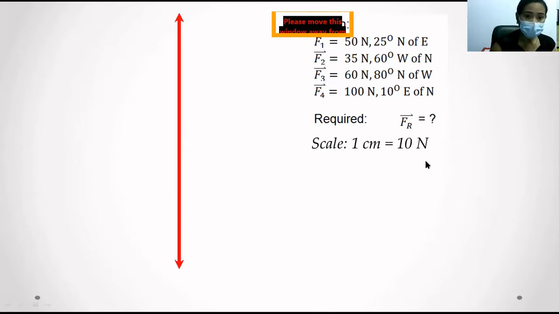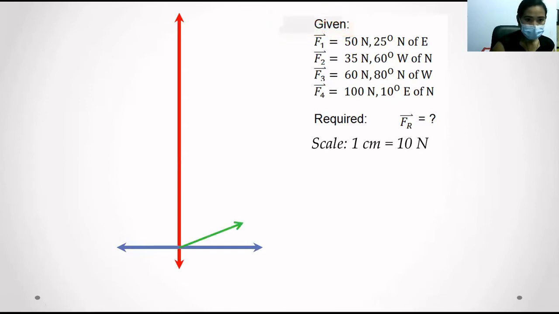Let's now draw our direction guides. Our first arrow would be 5 centimeters in length, pointing 25 degrees north of east, as shown by this green arrow. At the tip of our first vector, we will draw another direction guide.